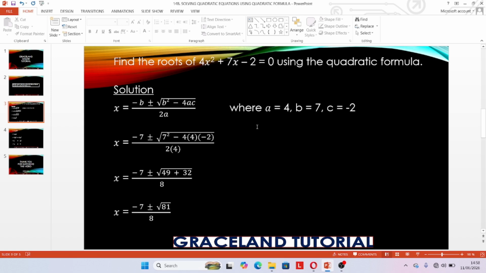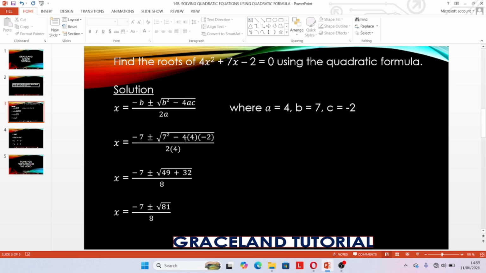Now, having known that, we can represent these letters by the figures. x is equal to minus b, b is 7, so that is minus 7. Then plus or minus the square root of b squared. Don't forget b is still 7, so that is going to be 7 squared, minus 4ac. 4ac means 4 times a times c.